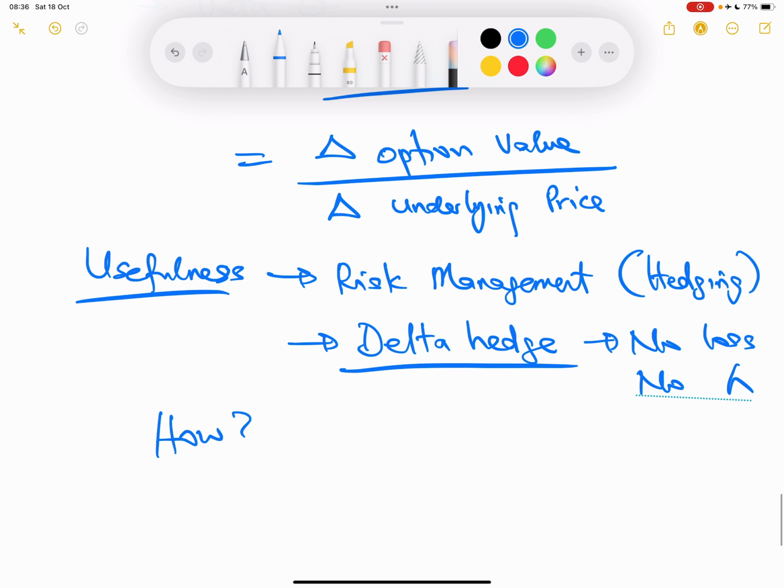How do you construct this kind of portfolio? Please, this formula is very important, because this is your hedging formula that you must always use to achieve delta hedging.